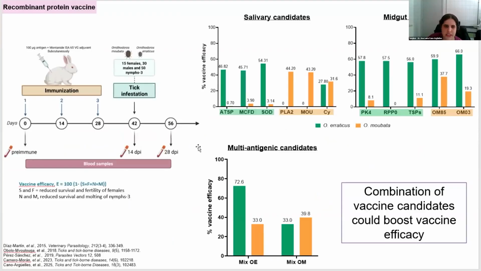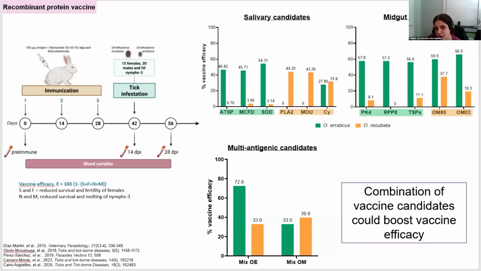So we did the same immunization trial, and these are the results of the vaccine efficacy. Here we call it the mix of Ornithodoros erraticus. We can see that the vaccine efficacy increased when we administered the combination of antigens if we compare it with the individual ones.